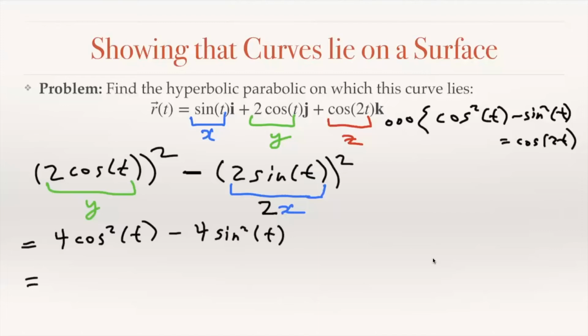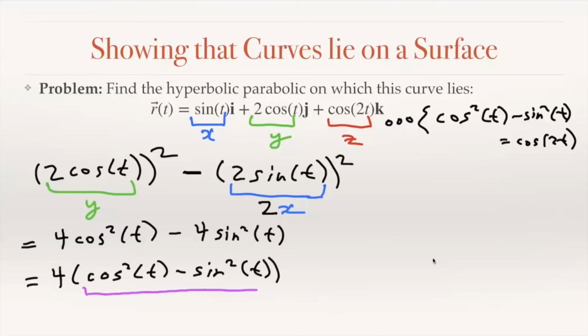Which is 4 times cosine squared t minus sine squared t. Okay, but we know from our double angle formula that this is cosine 2t by double angle.